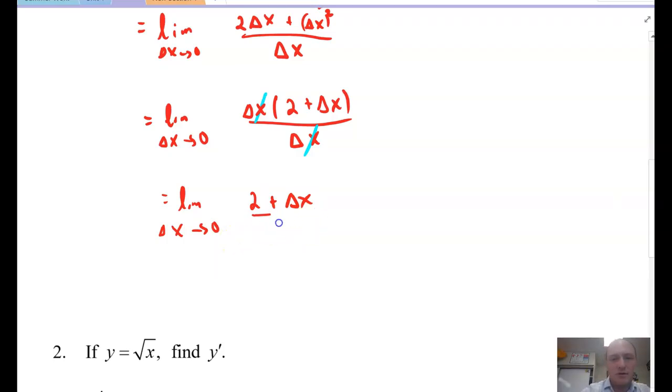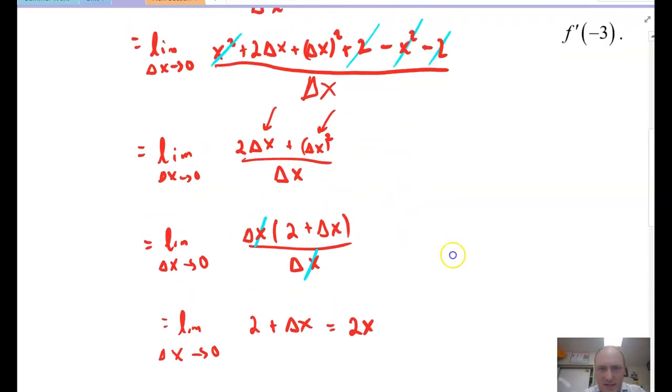Now I can evaluate this limit since this is a polynomial and it's continuous everywhere. If I just evaluate at 0, oh, I dropped my 2x, it gives us 2x.